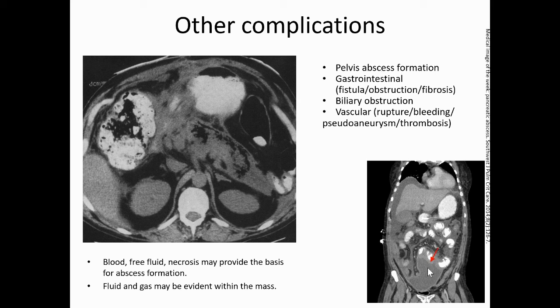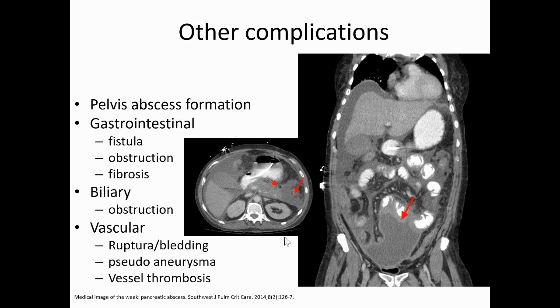Here's a case from the Southwest Journal of Pulmonary and Critical Care, in which the patient with acute pancreatitis and a lot of abdominal fluid had an abscess that extended all the way down into the pelvic area. And then patients can develop fistulas, obstruction, fibrosis in the gastrointestinal tract, biliary obstruction, and various vascular complications.